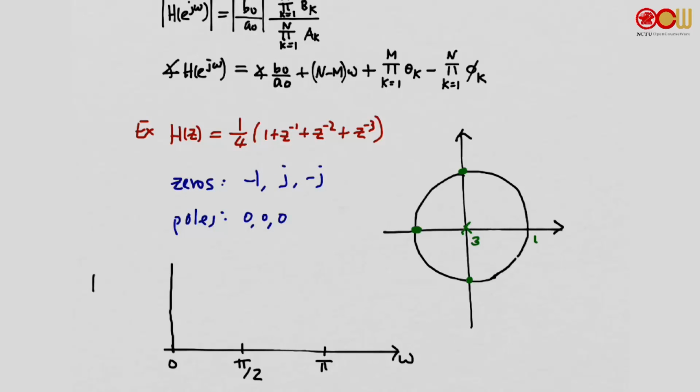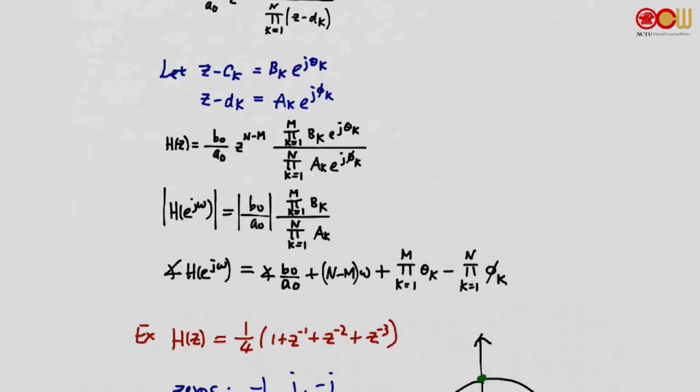Suppose we would like to draw the magnitude response as a function of omega. Let's go back to see what those derivations mean. The expression here says that H, except this scalar here, is a ratio, and at the top is the product of b_k, and at the bottom is the product of a_k.